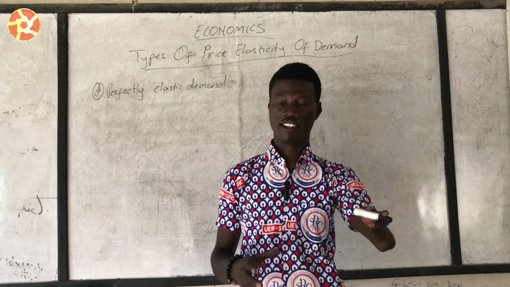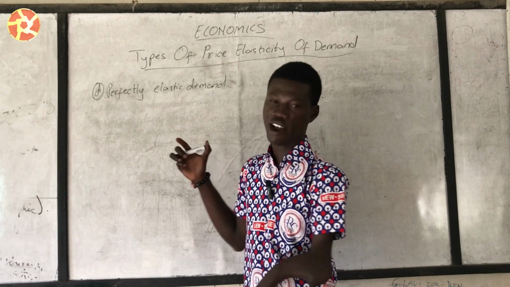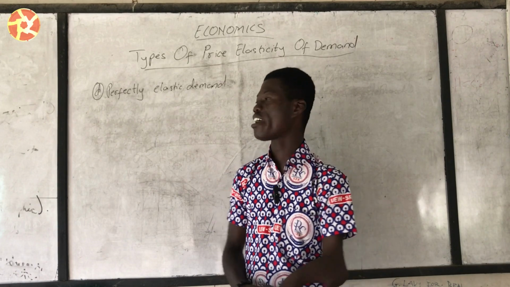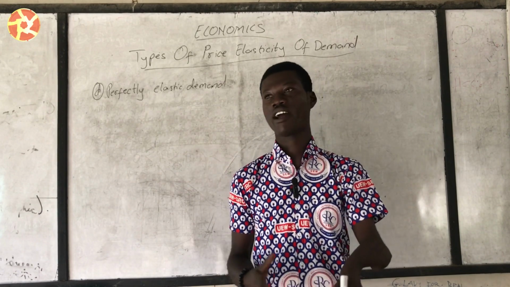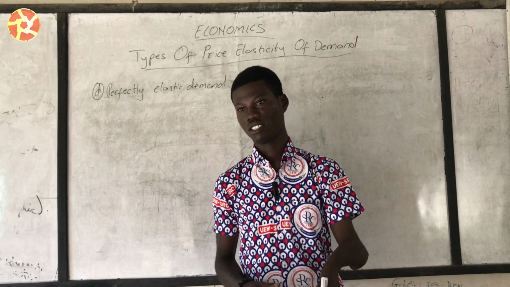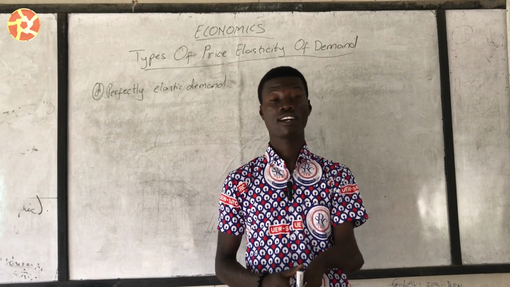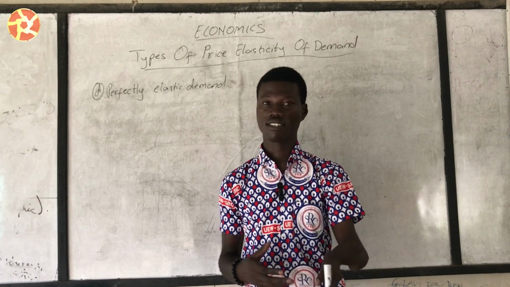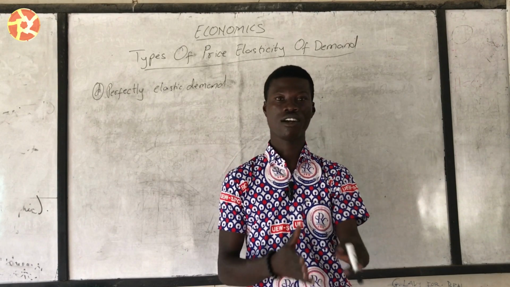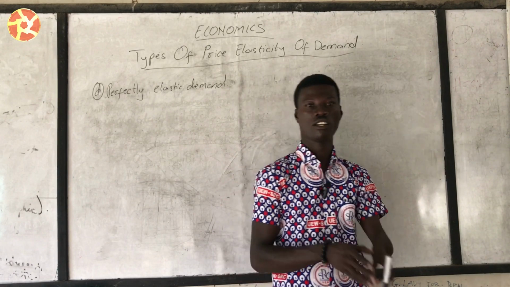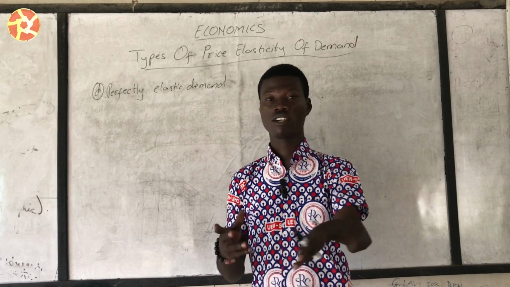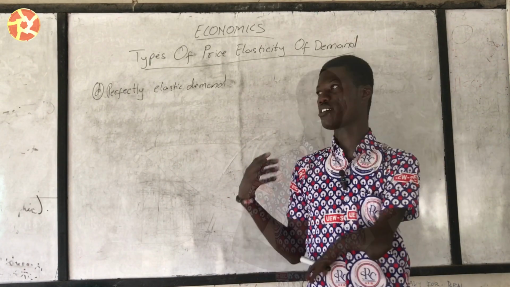The price remains the same, but as the price remains the same, quantity demanded keeps changing. So here, when you calculate the price elasticity of demand, you get infinity, and the calculator will tell you math error. So whenever you calculate and the calculator shows a math error, you should know that you are dealing with perfectly elastic demand, and that it has a demand curve which is horizontal. So let's write something here.